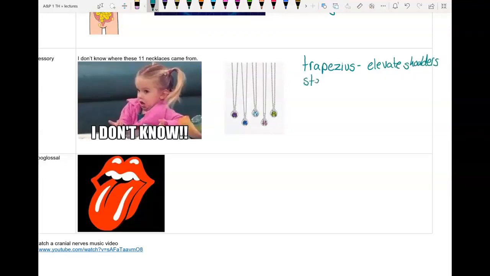And the sternocleidomastoid. So we've already learned these muscles. If you remember, the sternocleidomastoid is in your neck, and this is the muscle that makes you tilt your head. And like if you put your chin down on your chest, that is your sternocleidomastoid.